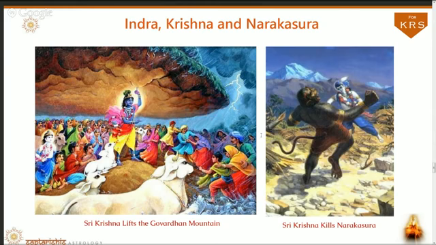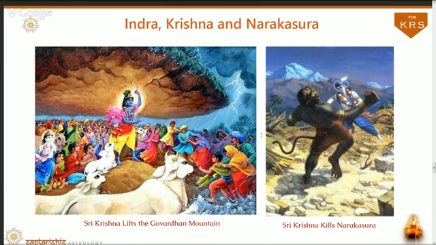So he gets the clouds and starts a heavy downpour for 7 days, torrential rains, thunder, lightning. Everybody says, what are we going to do? Krishna just takes his little finger and lifts the Govardhan mountain, and people take shelter under it. It is the umbrella, protective.